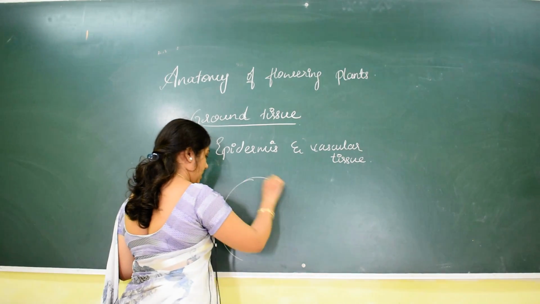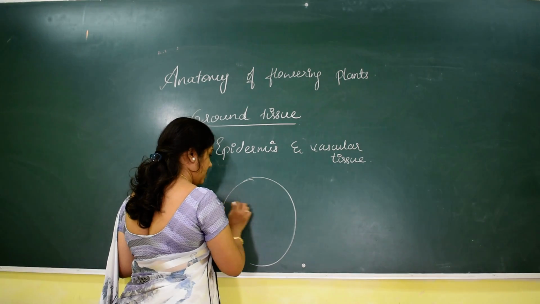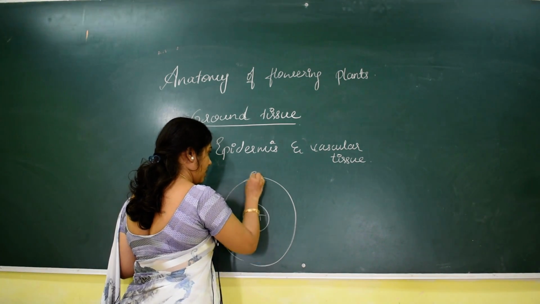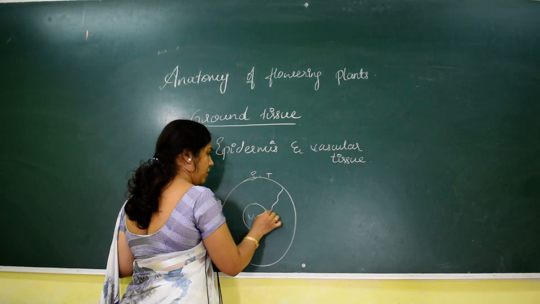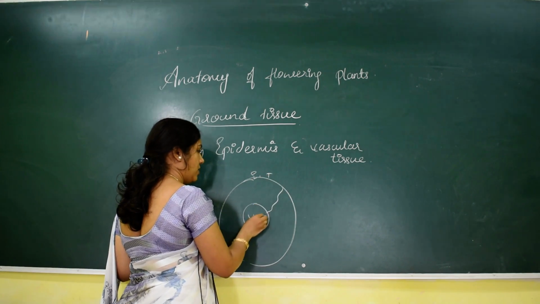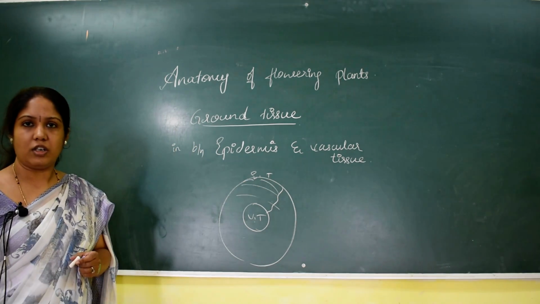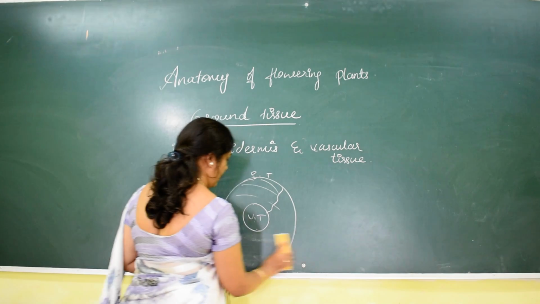Now let us consider this as the epidermis, and this as the vascular tissue. Whatever lies in between the epidermal tissue and vascular tissue is regarded as the ground tissue.